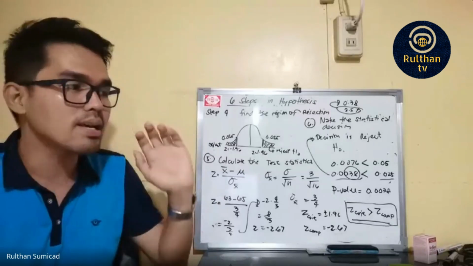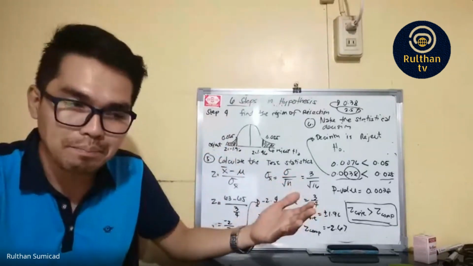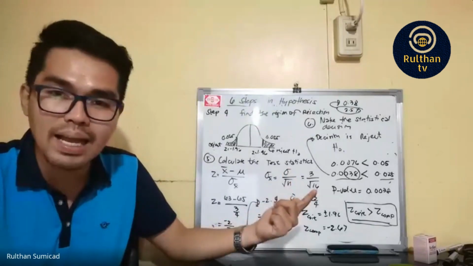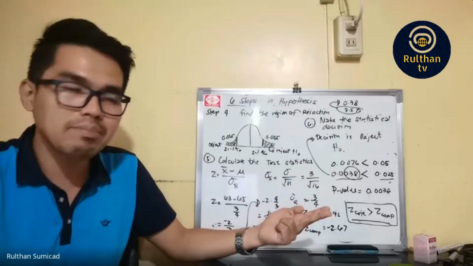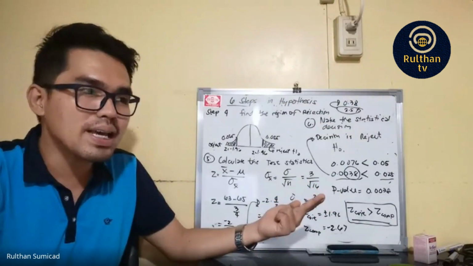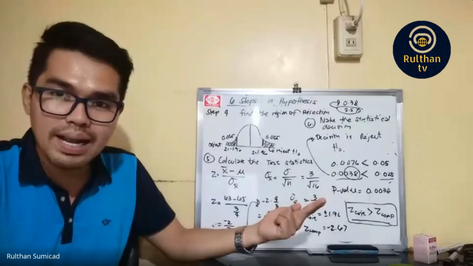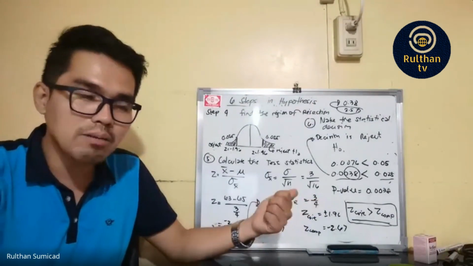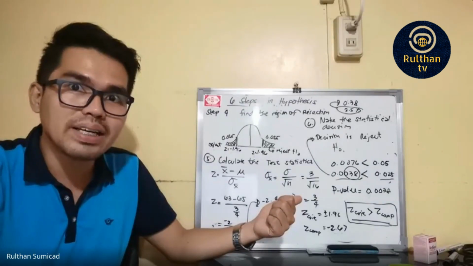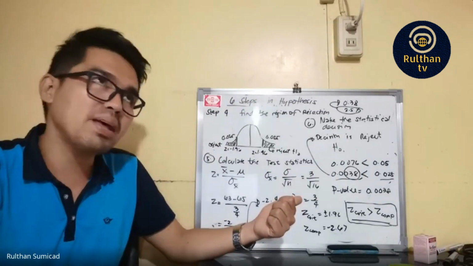Step 6 is we now make a decision. We can make a decision by comparing the critical z and the computed z. If the critical z is greater than the computed z, then reject the null. Otherwise, we can also use the p-value.